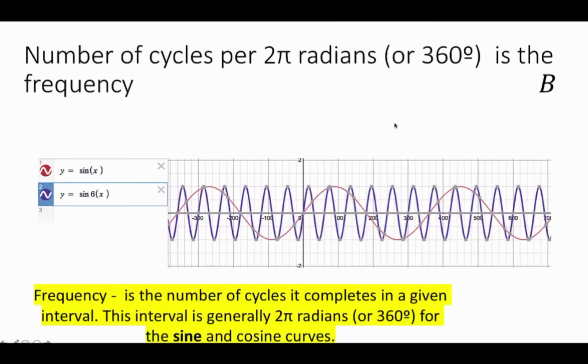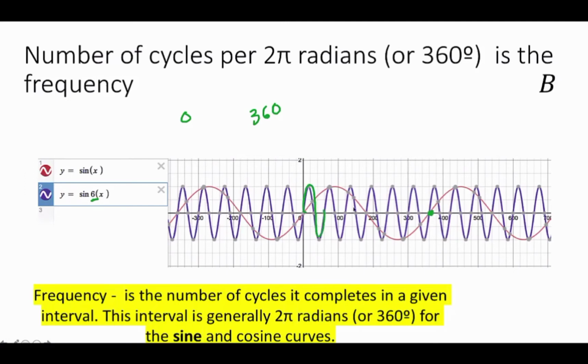So putting them all together now, if you have y equals sine 6x, notice now that this 6 means that we will have 6 cycles in the period from 0 to 360. And we can verify that. 360 is this point. Let's count the number of cycles.